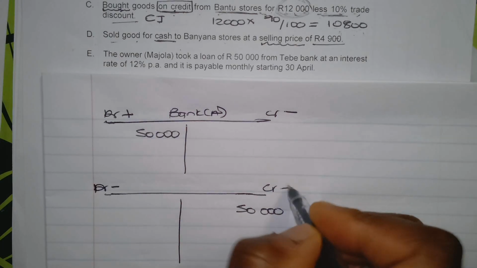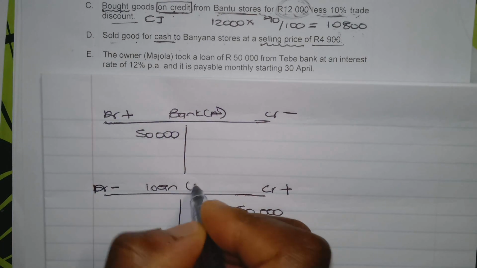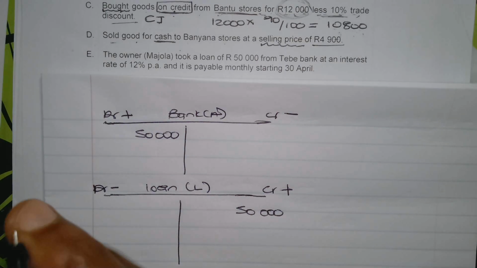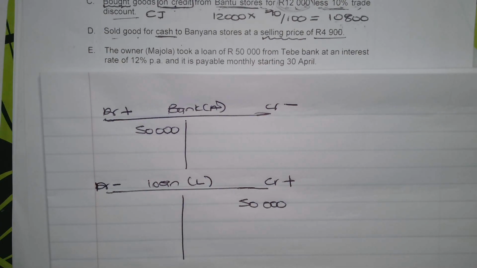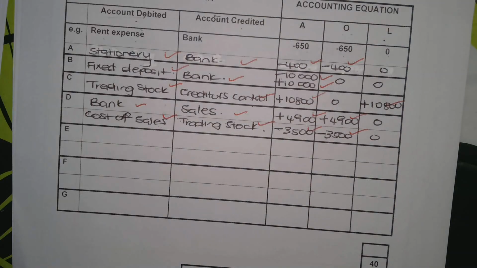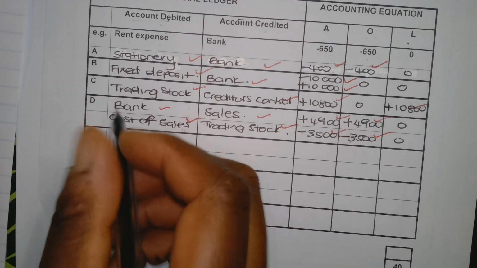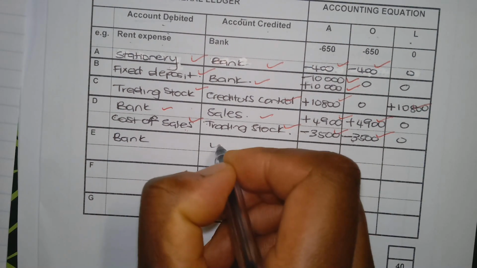So now a loan is a liability. Can you see? Now we have our second account. This is the main story. We start with the main story. Now we need to record this too. So the account debited is bank. The account credited is loan.